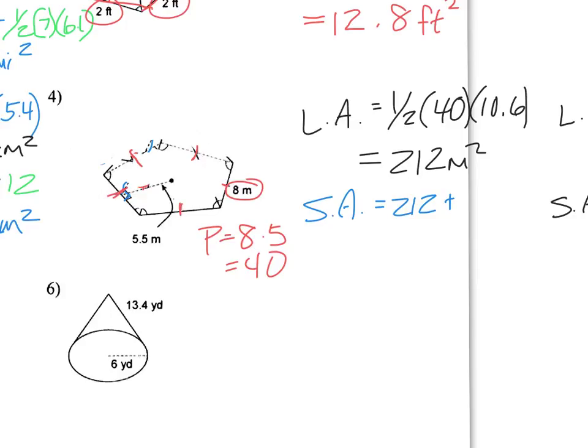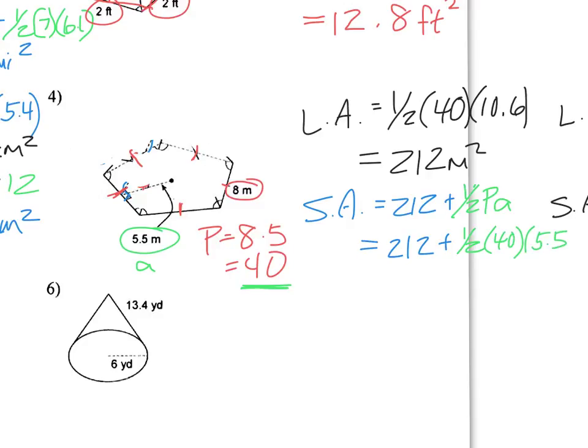So, in a regular polygon, remember the area of the base figure was 1/2 perimeter times apothem. This is our apothem. Our perimeter is the same perimeter that we got right here. So in this case, it's 212 plus 1/2 times 40 times 5.5.